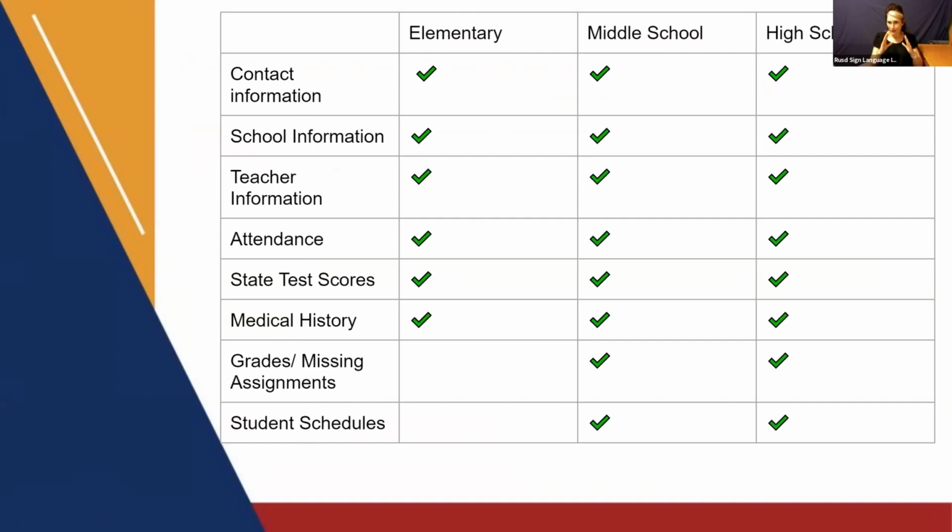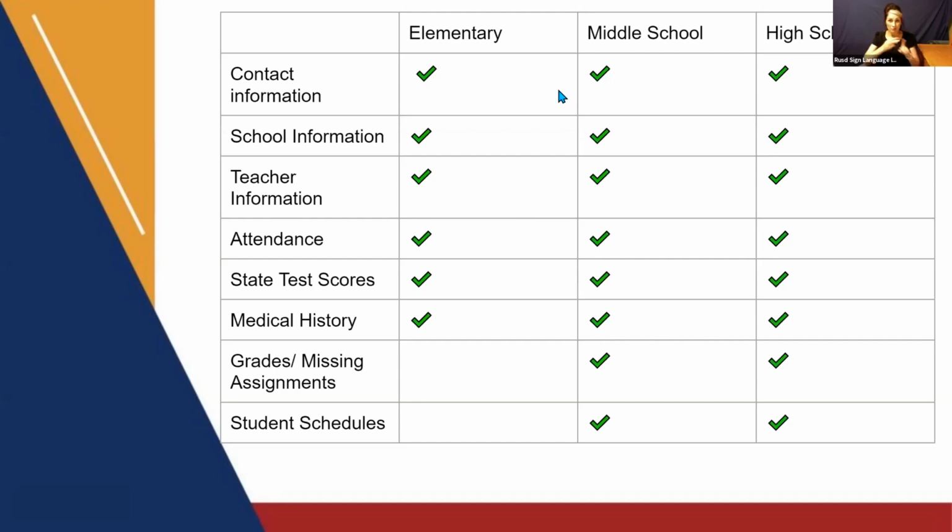So there won't be an actual class schedule that you would see. And unfortunately, at this time the elementary schools are using a different product or application for grades. So that's why you're not able to see any of the grade information or assignment information through Aeries Parent Portal for elementary schools. So what does that look like on the parent portal?